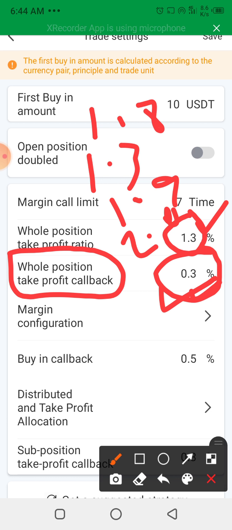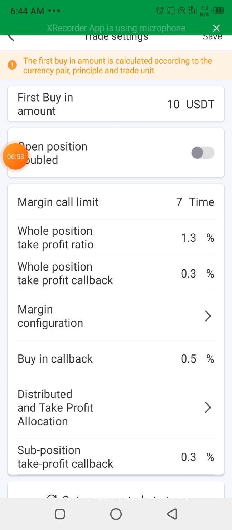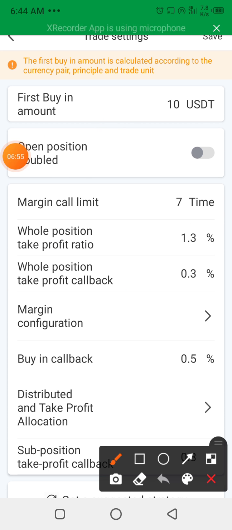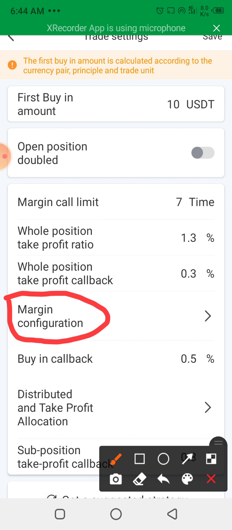So if you understand the concept here, you will be able to set your own parameters the way you want. The next button is margin configuration. What does it mean? This is where you set the margin call limit that you have chosen.